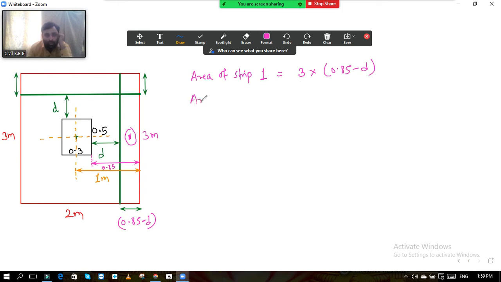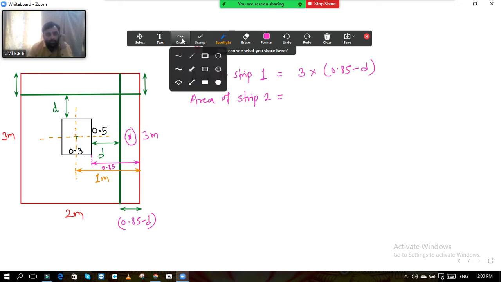Similarly, we want area of strip 2. In terms of d only we will calculate area of strip 2. So how do we calculate the area of strip 2? Now see, this total is 3 meter. If this total is 3 meter, from centroid this edge of the footing will be 1.5 meter. हे half असणार आहे 1.5 meter. So from this point, now here from हे distance किती असणार मग? What will be this distance?